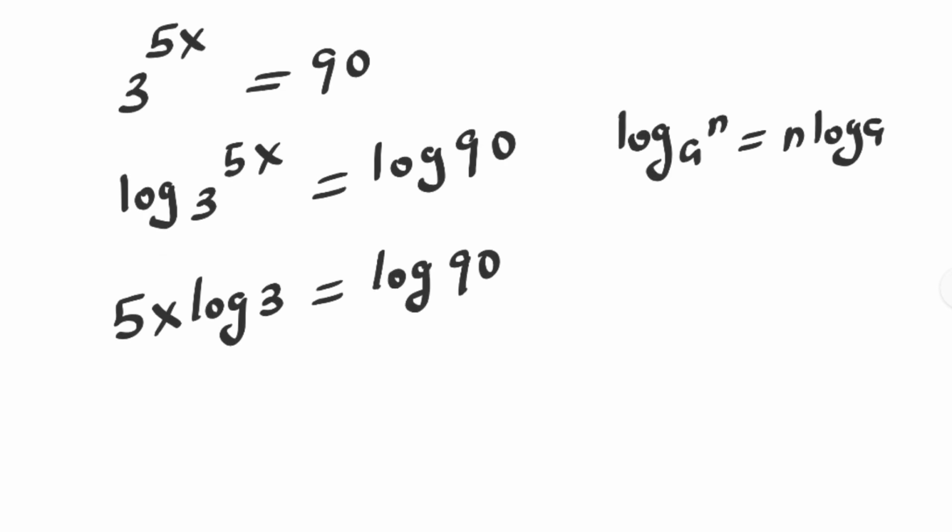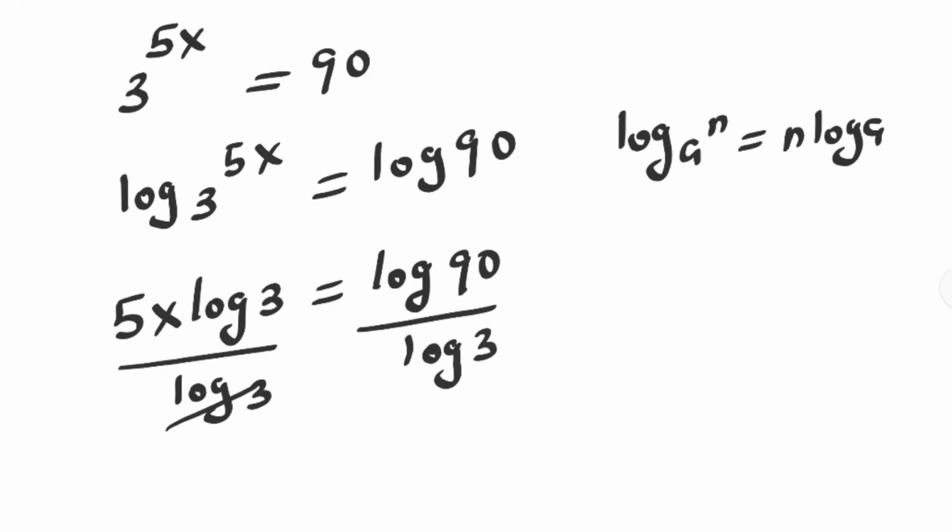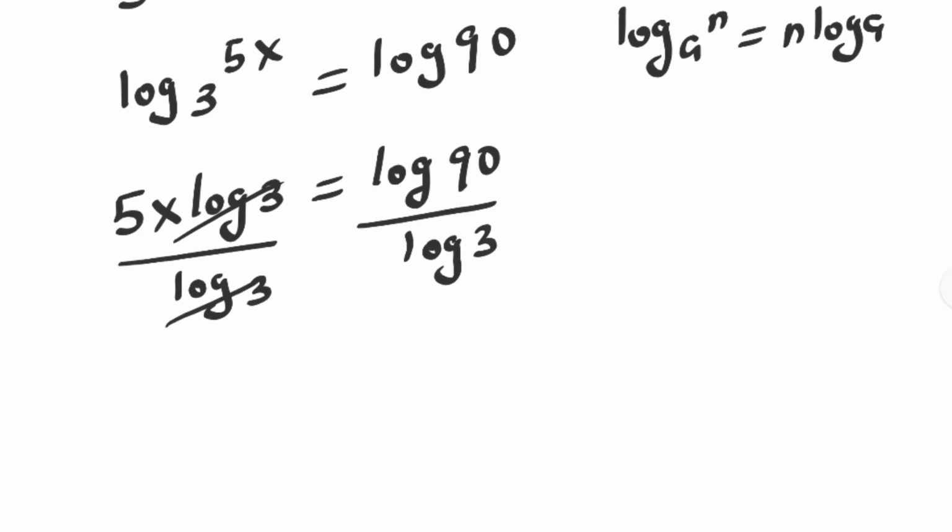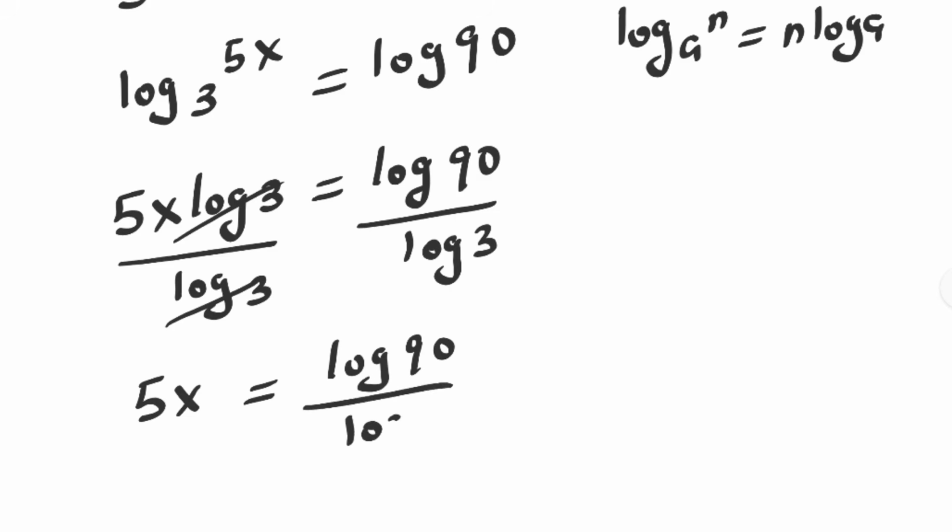Let us divide both sides of this equation by log 3. Log 3 cancels log 3 here. 5x is equal to log 90 divided by log 3.